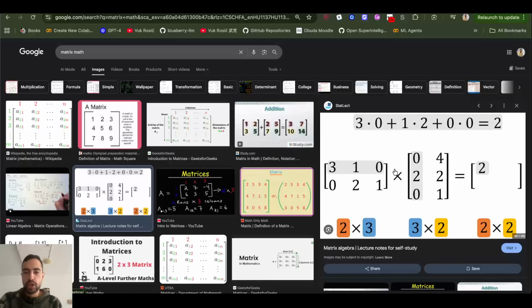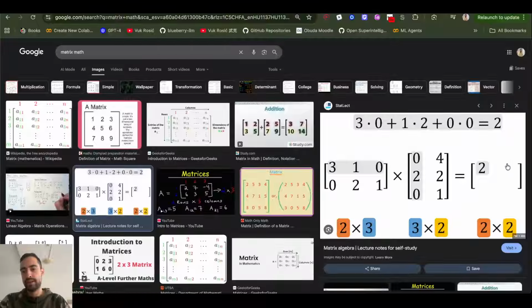And then you go for the second one: first row and second column here. So you go 3 times 4 plus 1 times 2 plus 0 times 1, and the result goes here. So you just put the result at the intersection. So first row, second column.